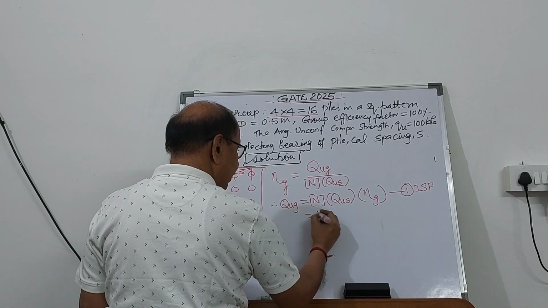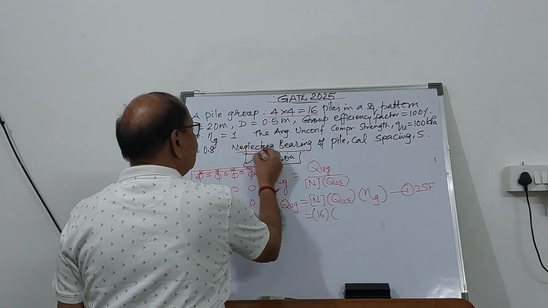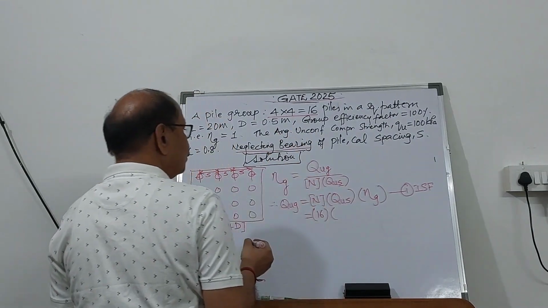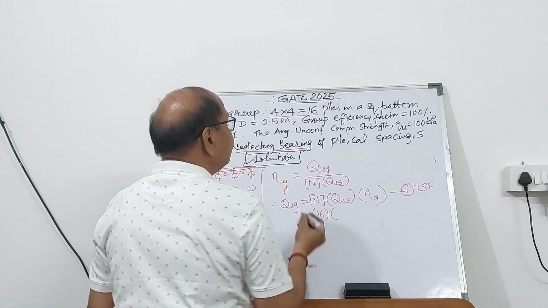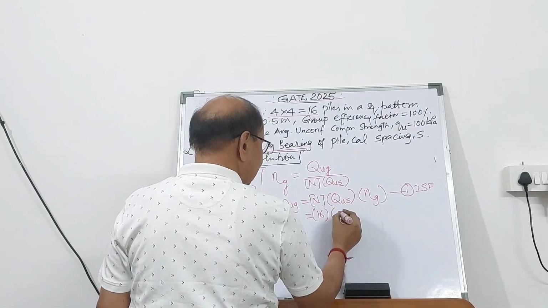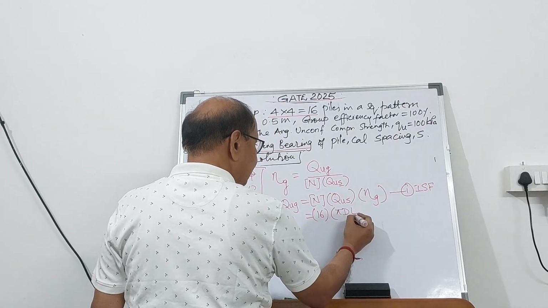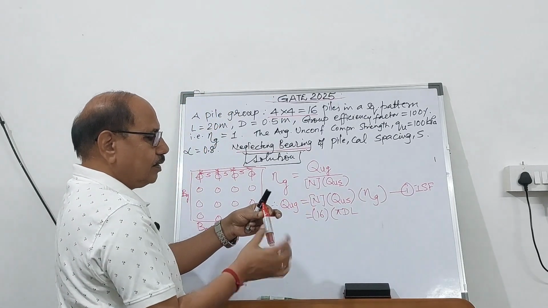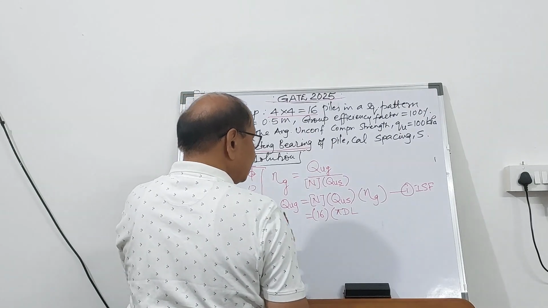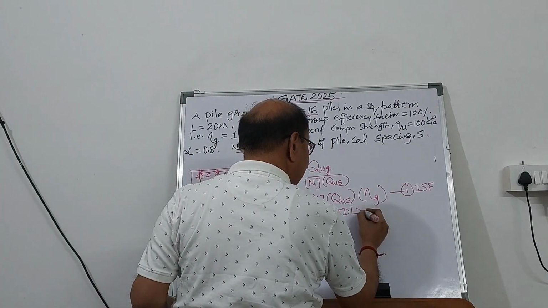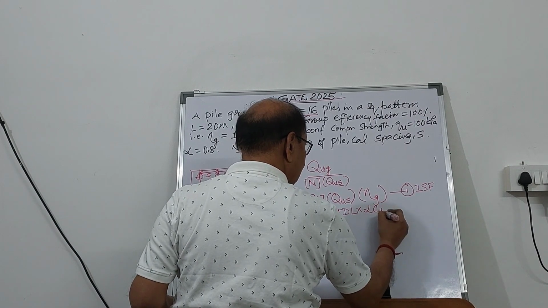So number of piles is 16. QU of a single pile, because you have to neglect the bearing, will be only a frictional pile. And for a single pile, it will be pi d L, perimeter into length, that is the surface area of the pile, multiplied by alpha times Cu.